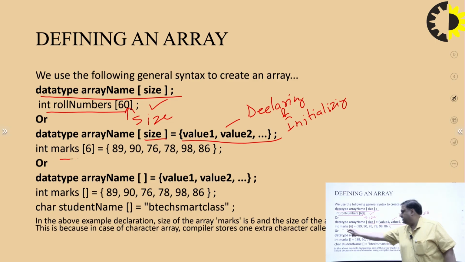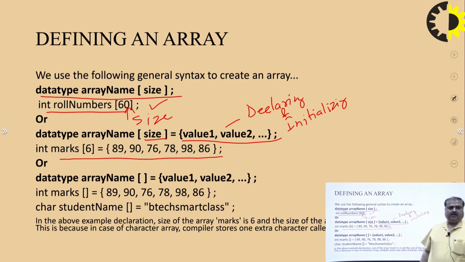For example, here I have declared an integer array named marks having size 6, and all 6 values are initialized. So now it will not have random numbers, it will have the values which I have initialized.